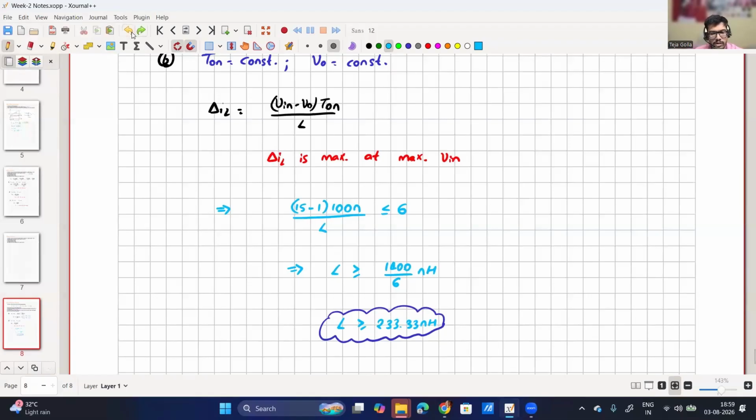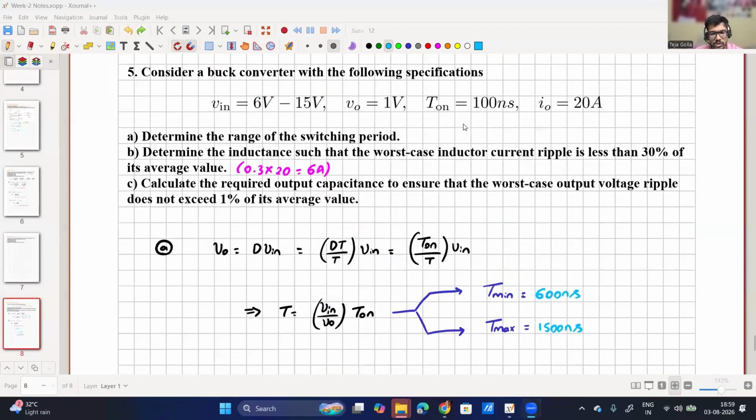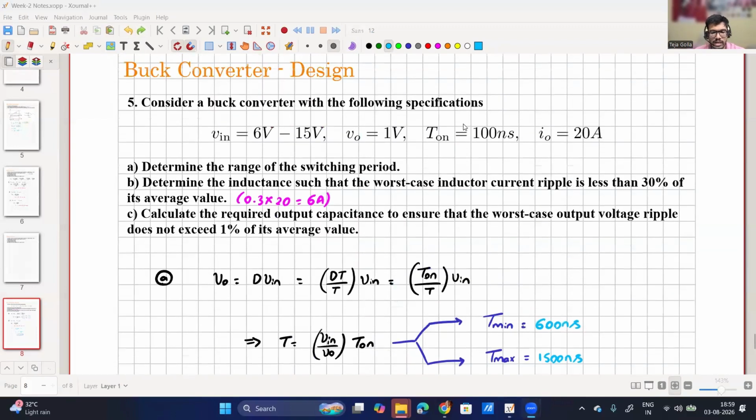Yes, yes. Okay. So now coming to the last part, here I'm asking for the required output capacitance to ensure the worst case output voltage ripple does not exceed 1% of its average value. So 1% of average value is 1 by 100 into 1 volt, so this is basically 0.01 times 1 volt. So the ripple should be 0.01 volt.